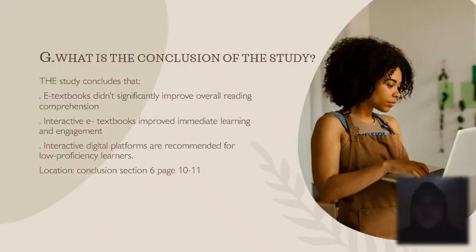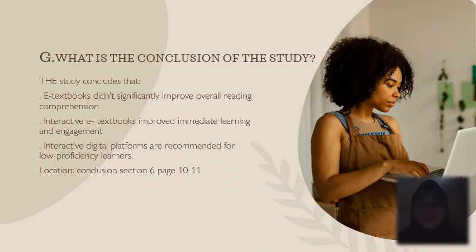And the last is, what is the conclusion of the study? The researcher concluded that the electronic textbook did not significantly improve student overall reading comprehension compared with print textbooks. However, the interactive textbook improved student immediate learning and classroom engagement.